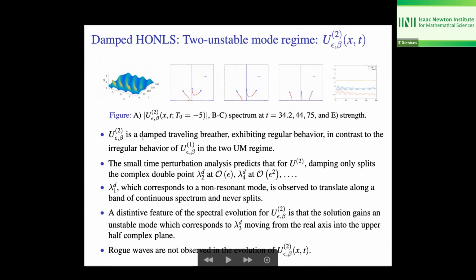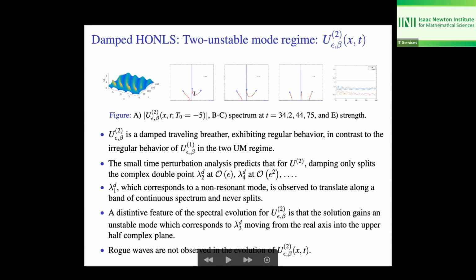And so in the surface plot, you see that U2 is a damped traveling breather, and it exhibits this regular behavior in contrast to that transient irregular behavior that you saw in U1 in the two unstable mode regime. And the small time perturbation analysis predicts that for U2, damping will only split the complex double point lambda sub 2 at order epsilon, lambda 4 at order epsilon squared, etc. And you see that in the spectral plots.